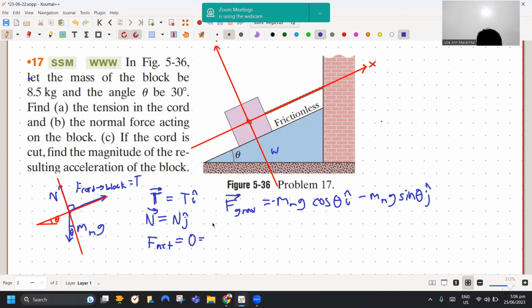If there's no vector sign, you're only talking about the magnitude.